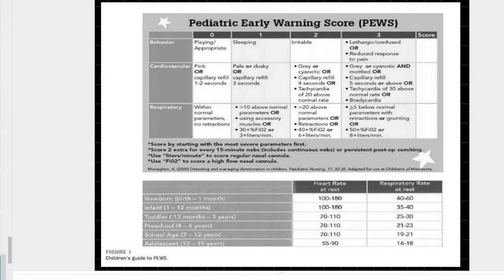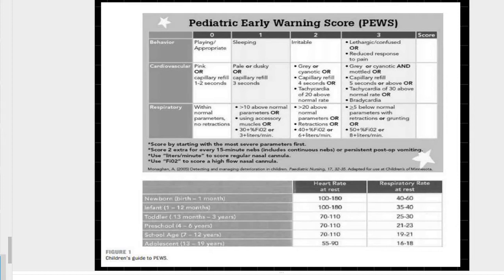Behavior, they're sleeping and really not easily awakened, or you have to wake them up when strangers are there, they should be awake. That would be a 1. Pale or dusky, or the capillary refill is delayed, would be a 1. Respiratory rate either 10 above normal parameters or they're using accessory muscles, then that would be a 1.